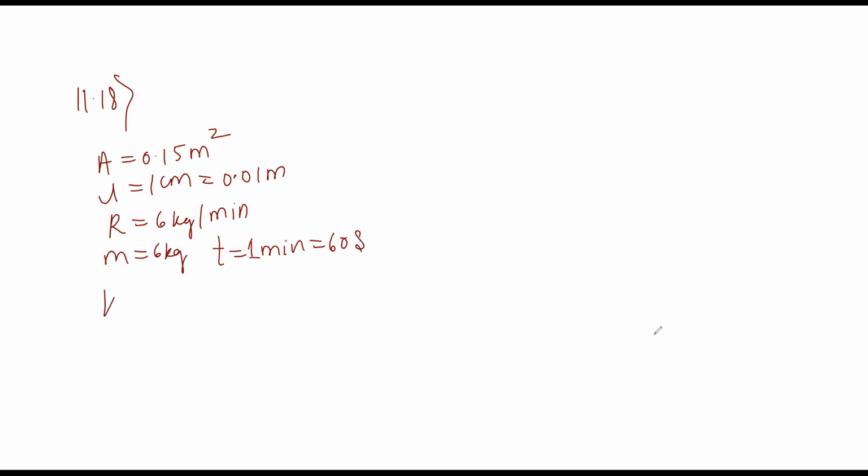The thermal conductivity of brass, K is equal to 109 joules per second per meter per Kelvin. The heat of vaporization, L value is 2256 into 10 to the power of 3 joules per kg.